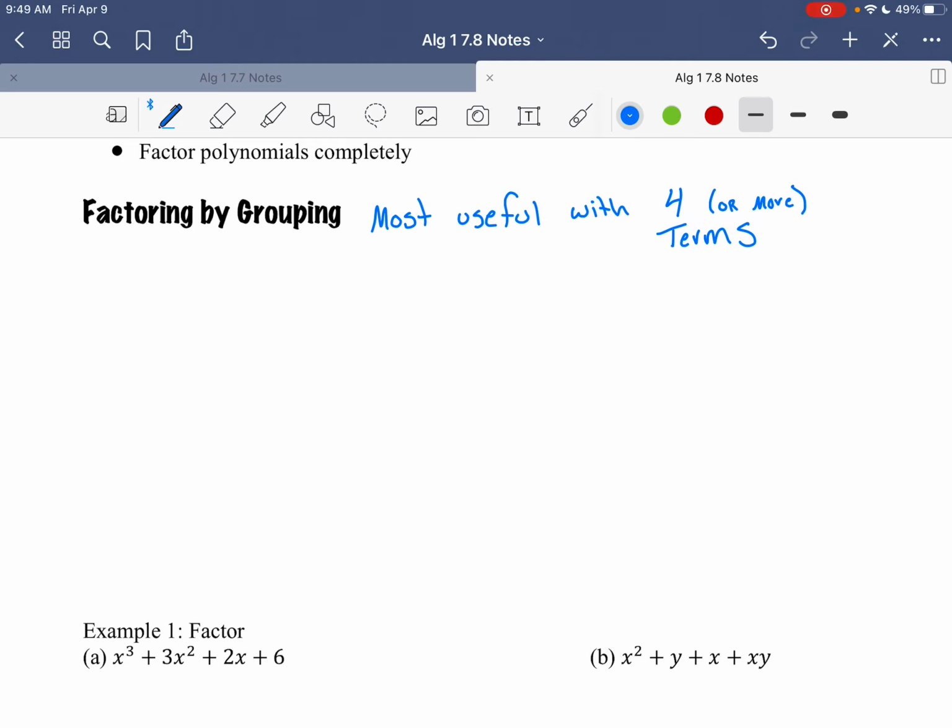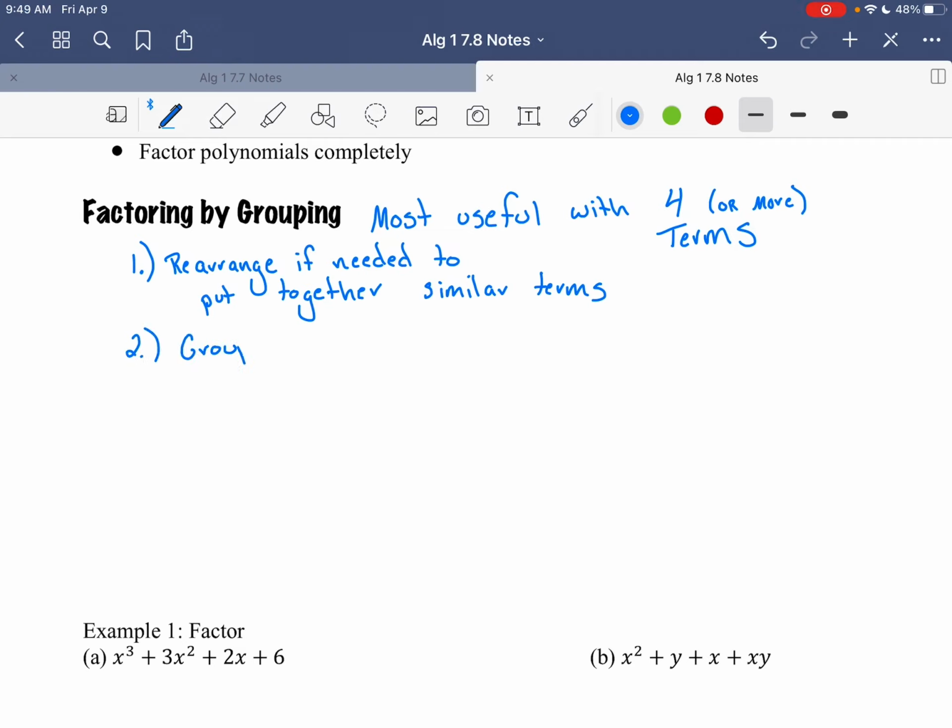Okay, so the steps are: one, you're going to possibly rearrange, if needed, to put together like terms, let's say, similar terms. Step two, group the similar terms.